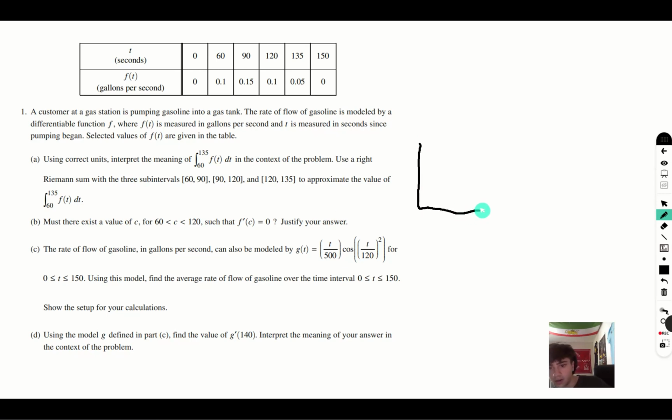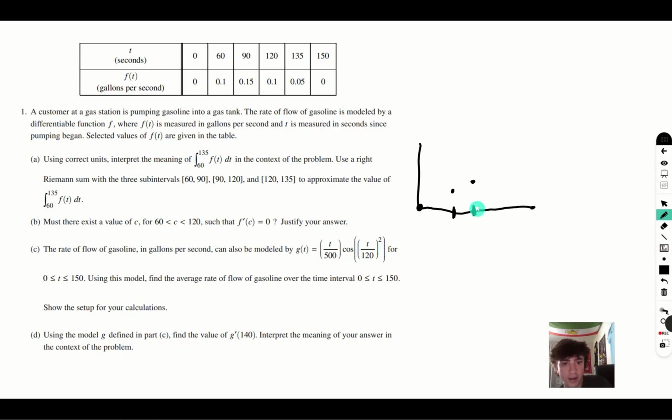Let's draw our graph first. Okay, so we have the point 0, 0, and at 60 seconds, which we'll put here, we'll call this 60, it's at 0.1. At 90 seconds, it's at 0.15.